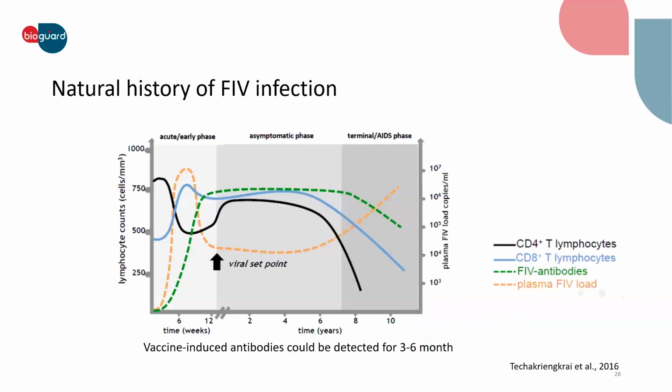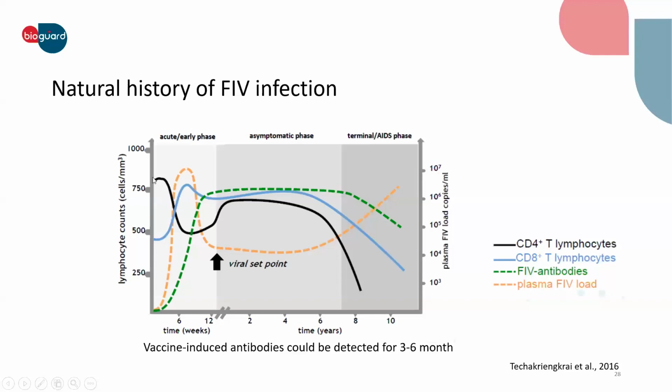And this figure shows the natural history of FIV infection. We can see the black line here is the CD4 T cell. CD4 T cell is the main target for FIV infection.